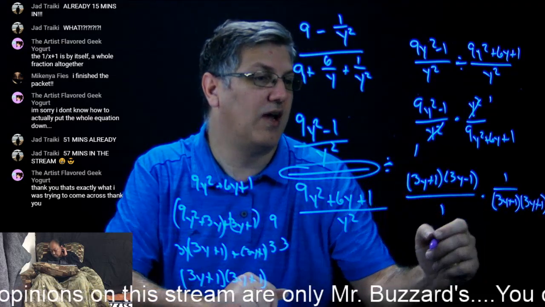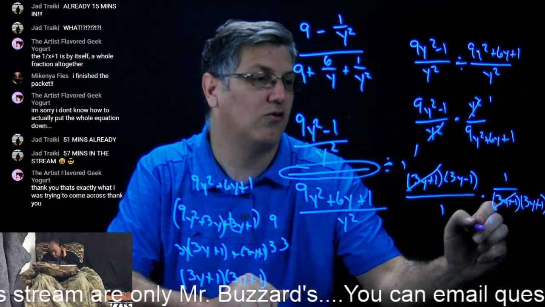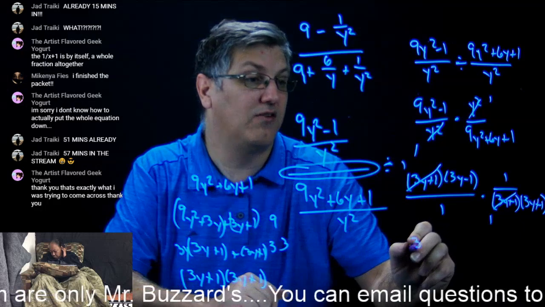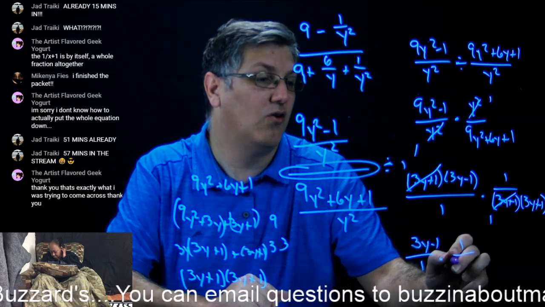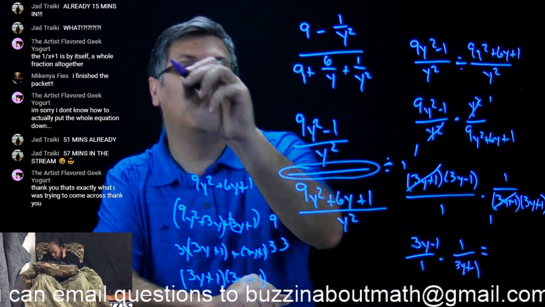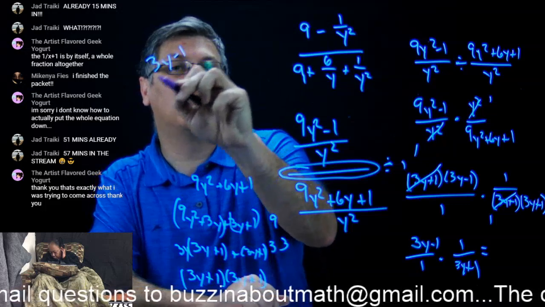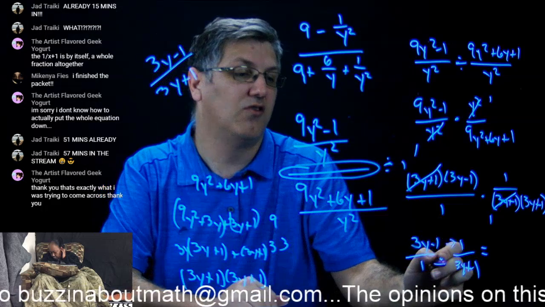Now I'm going to look at my diagonals to cancel. This 3y plus 1 and this 3y plus 1 cancel out, goes to 1. So this basically becomes 3y minus 1 over 1 times 1 over 3y plus 1, which then gives me my answer of 3y minus 1 over 3y plus 1 when you multiply straight across.